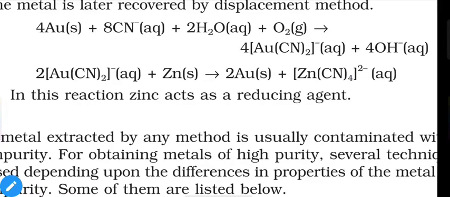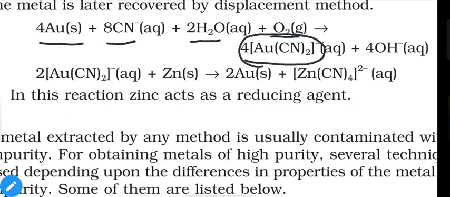First of all, we have solid metal. It will react with cyanide ions in the presence of water and oxygen, and it will create a complex compound, as we can see here. Now this complex compound is water soluble, and the OH minus ion produced during this reaction is also water soluble.